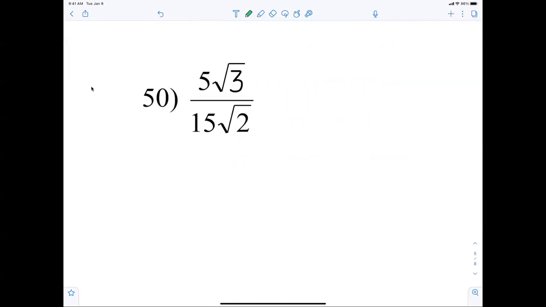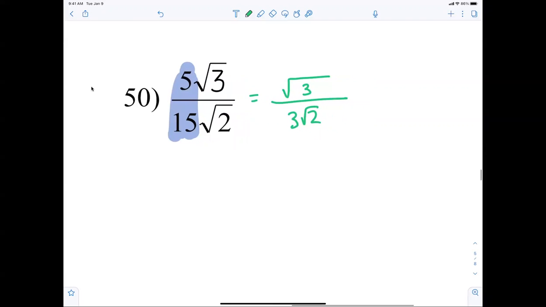All right, here we go. Again, always reduce when you can. So the 5 and the 15 just becomes radical 3 over 3 radical 2. Multiply the top and bottom by radical 2. You end up with radical 6 over 6. Can that reduce?